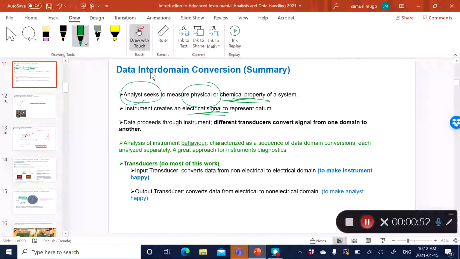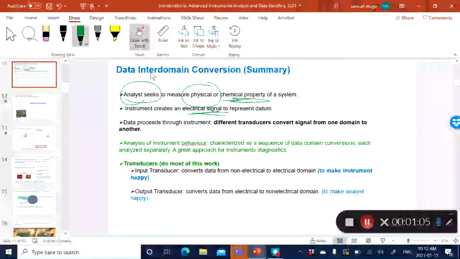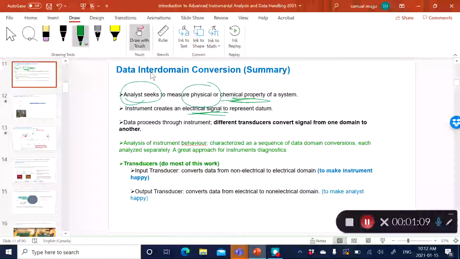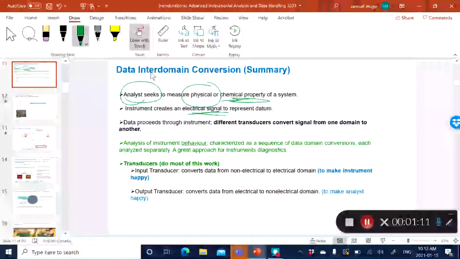And so every instrument consists of what you refer to as transducers. Transducers are the components that interconvert these data domains, from non-electrical to electrical, or from electrical to non-electrical domain.